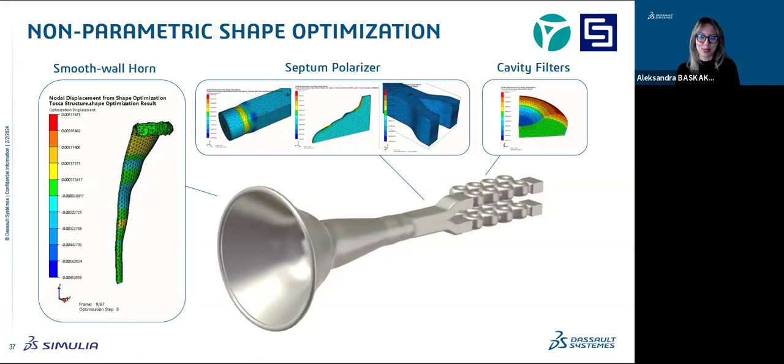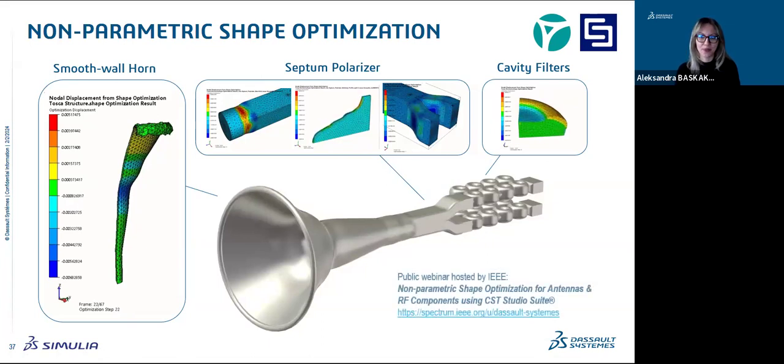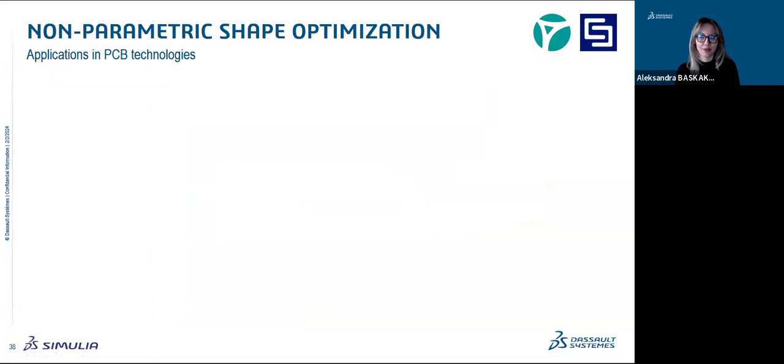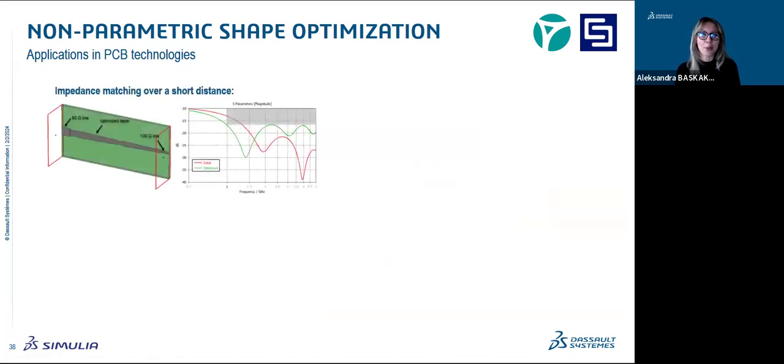More on that will be presented today in the non-parametric shape optimization for radio frequency component session. And just to give you an idea where else the non-parametric optimizer can be applied, for example, in PCB technologies, it can be applied for impedance matching over a short distance.